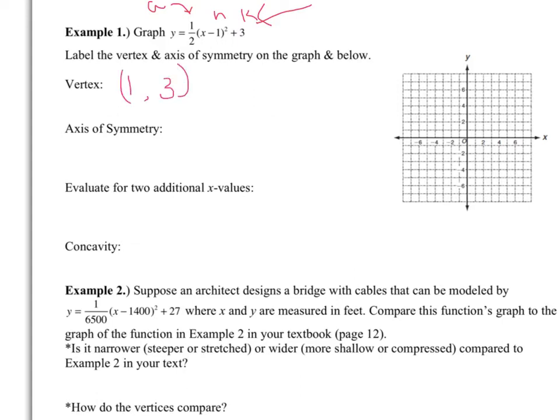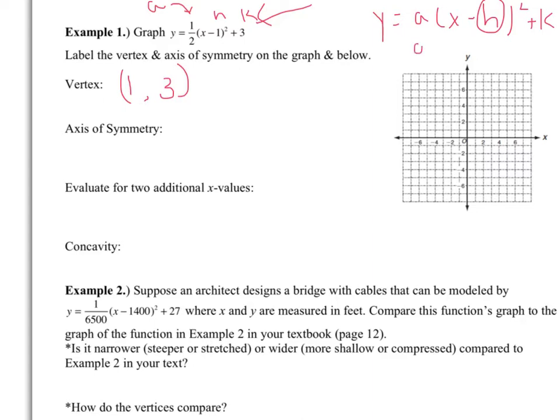A common mistake is to think that the negative 1 represents the h value, and that is not true, because in the form it's y equals a and then x minus the h value. So the minus sign is actually in the general form, so it's x minus whatever h is.